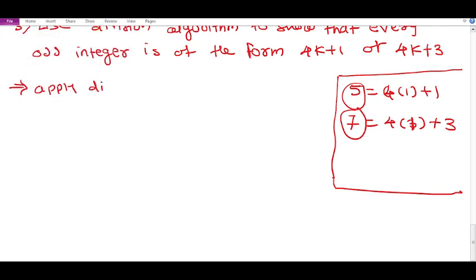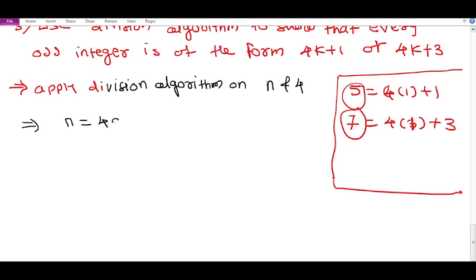So apply the division algorithm on integers n and 4. If you divide n by 4, then n is equal to 4q plus r, where 0 less than or equal to r less than 4.